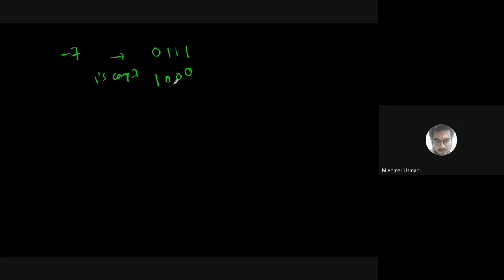So this number is the 1's complement of 7. Now add 1 to it. After adding 1, this is 1, this is 0, this is 0, this is 1. So the number that you have got is -7. Is it clear? Yes, sir. Now randomly do it for -9. Do it for -9.